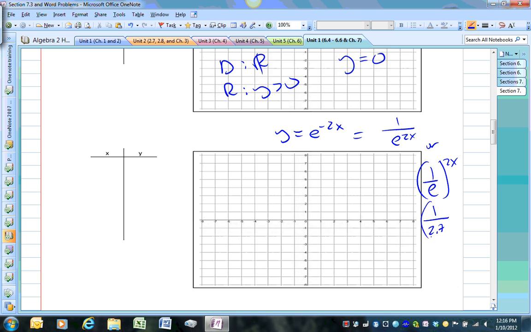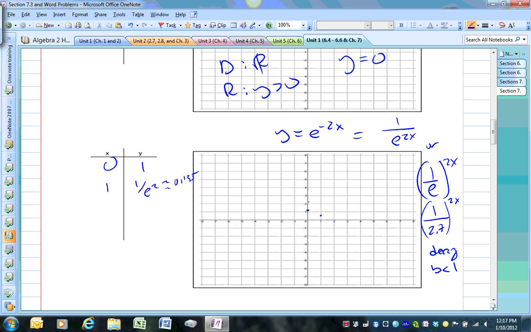So this will wind up being a decay function, because your base is less than 1. Plug in 0, still get 1. If I plug in 1, I get 1 over e squared, which is actually a pretty tiny number. What is it approximately? Of course, you'd have to use a calculator for that, but it would be about 0.135.